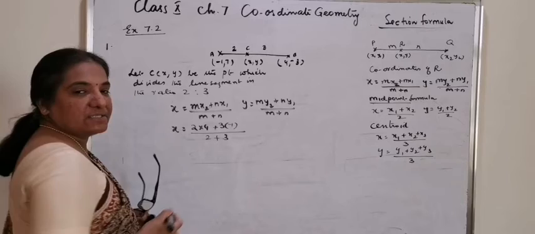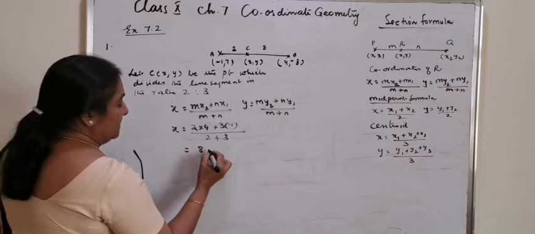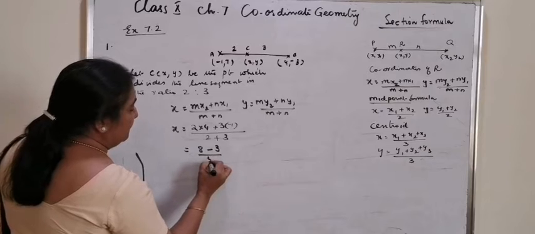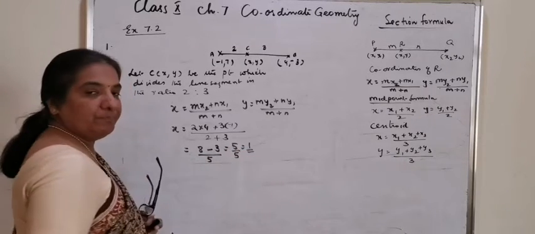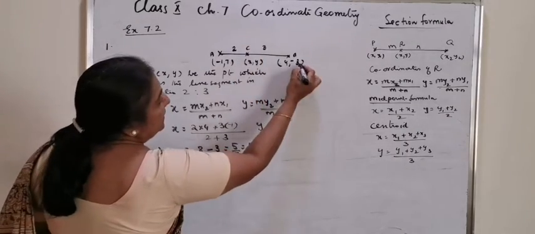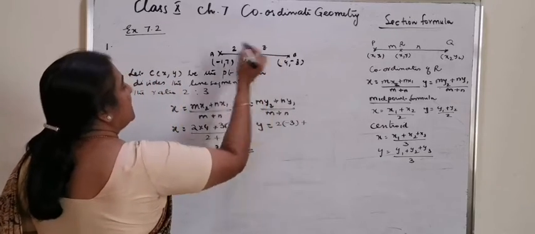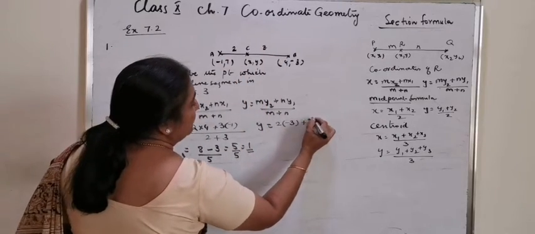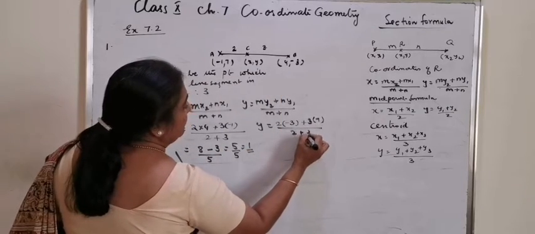That will give you the x coordinate, which is equal to (2 4s are 8, minus 3) by 5, 5 by 5, which is equal to 1, and the y coordinate is (2 into -3 plus 3 into 7) divided by (2 plus 3).